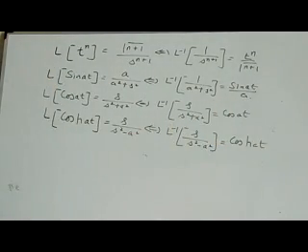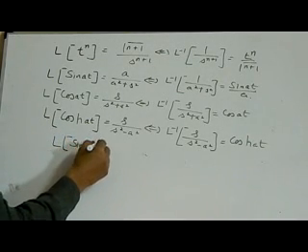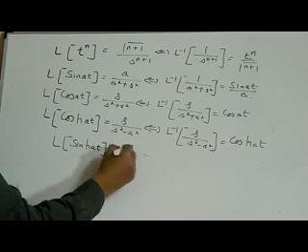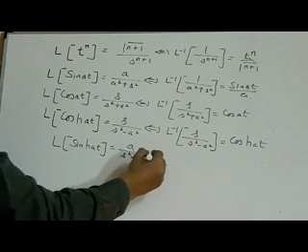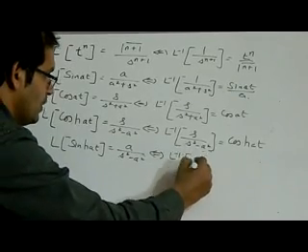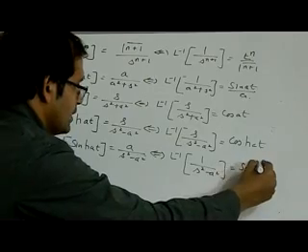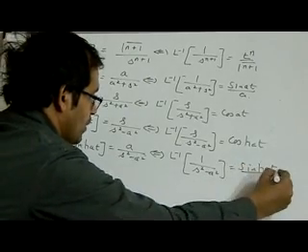And the Laplace of sine hyperbolic at is a upon s square minus a square, so the inverse transformation of 1 upon s square minus a square is sine hyperbolic at by a.